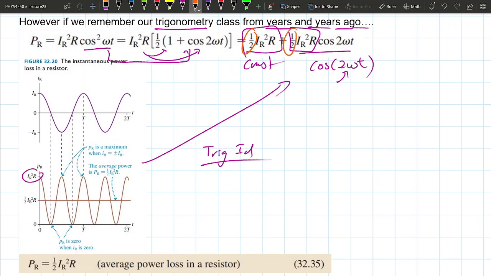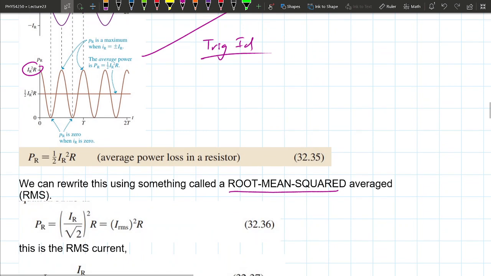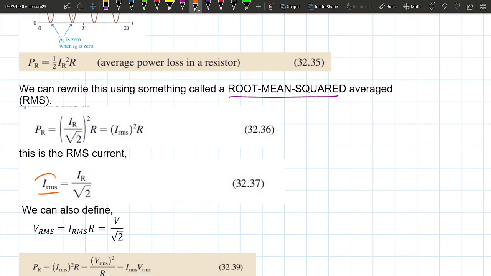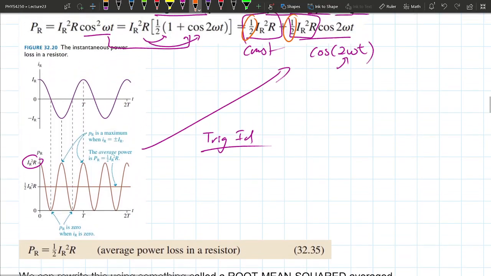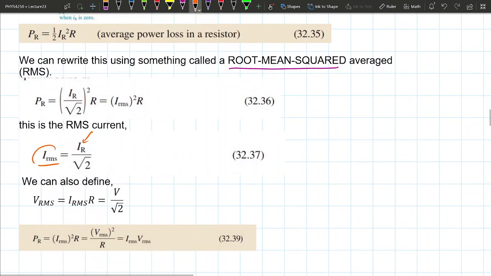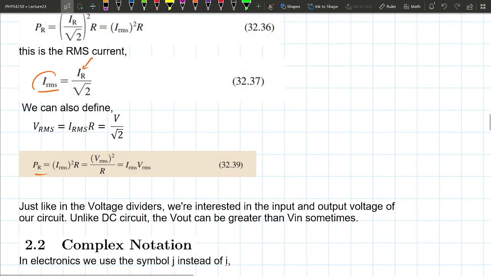What we really do is define the root mean square current as whatever the current amplitude is divided by square root of 2, and therefore when you square it, it knocks out all of these 1/2 terms in front of the power, and you can use the same equation.